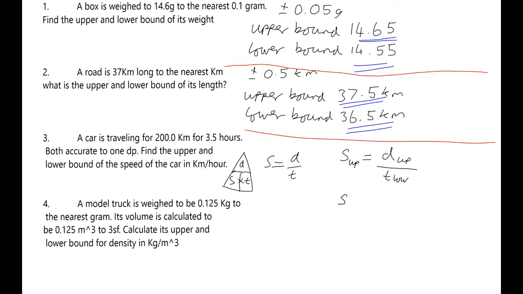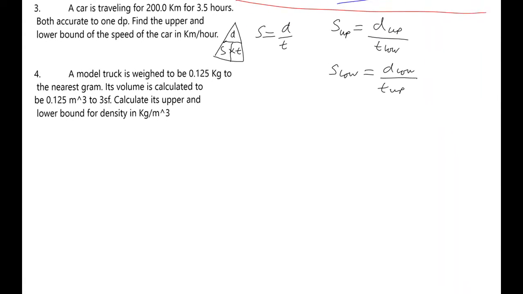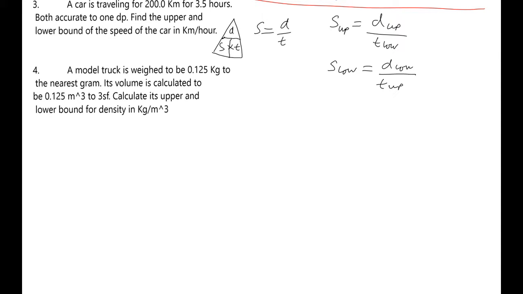And in exactly the same way, we want to find our lower bound for speed. We're going to want to have our lower bound for distance over our upper bound for time. Okay, let's give ourselves a little bit more space, and we're not going to have space to do this on this side, so let's just mark that off.